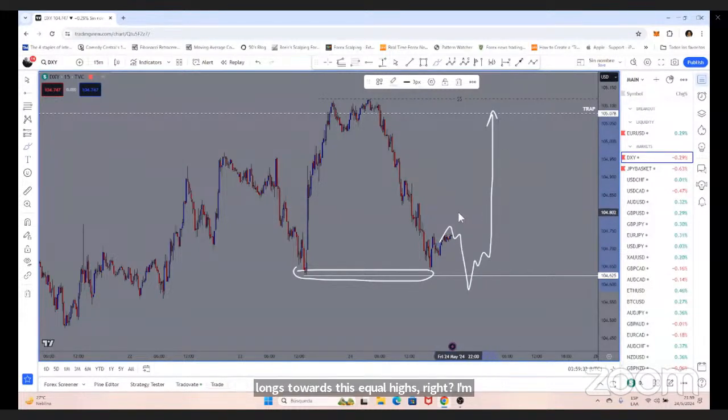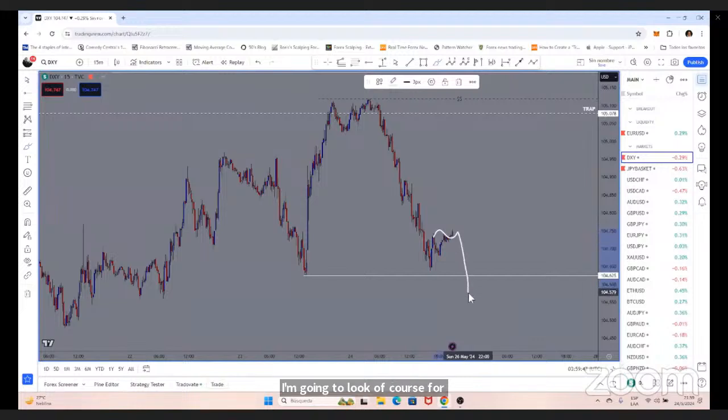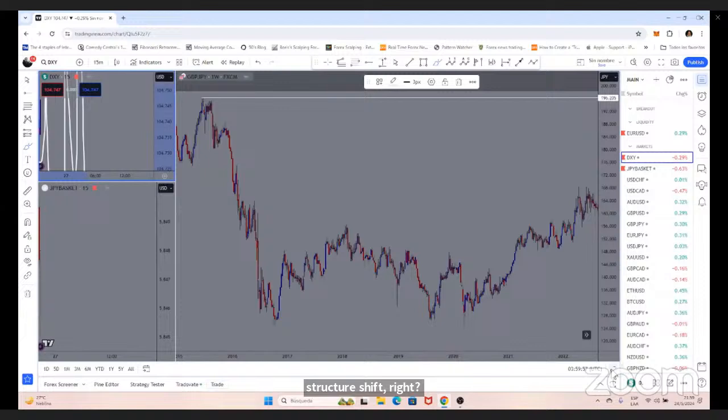I'm not going to miss the bullish move because I'm waiting for price to mitigate my point of interest for me to get short. I'm going to look, of course, for bullish setups if and only if we get that price failure and a complete market structure shift, right? So that's the US dollar for me.